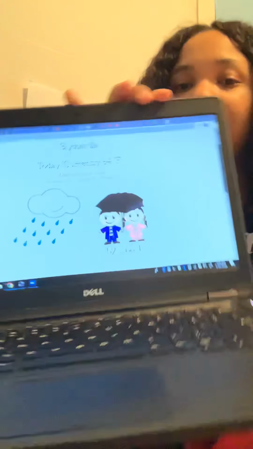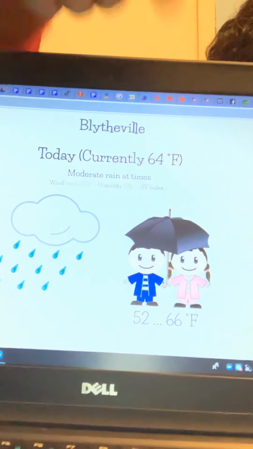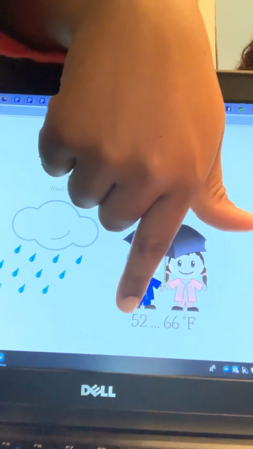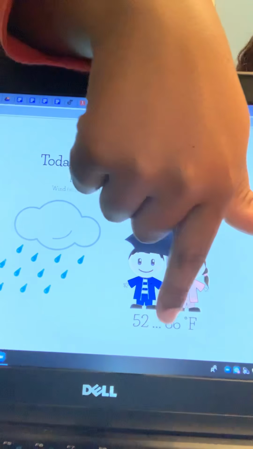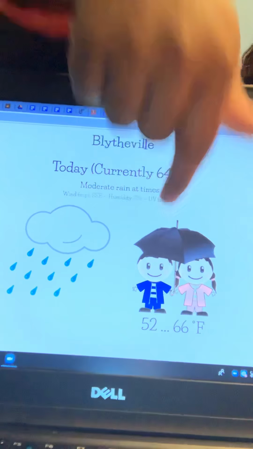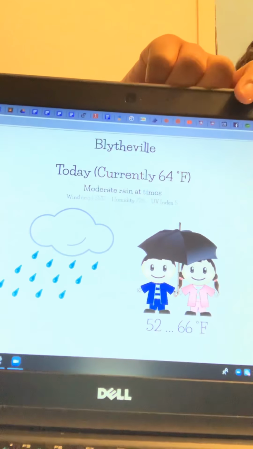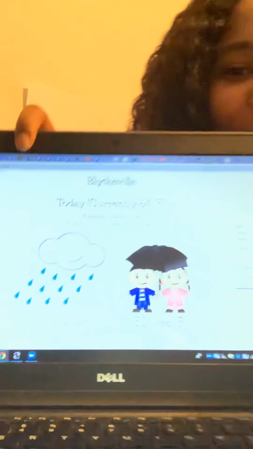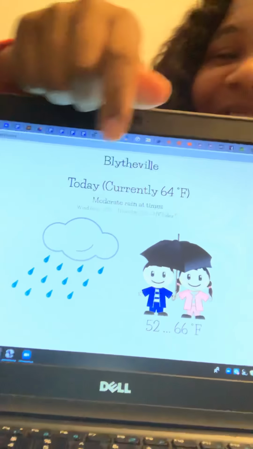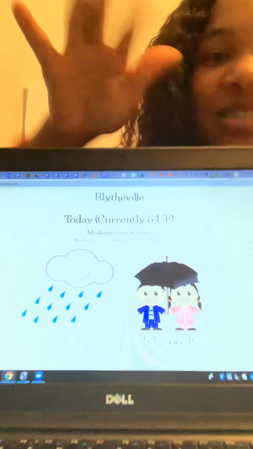When you're on the website, it has two numbers here. This is your low and this is your high. To start our graph, we're first going to label our graph.